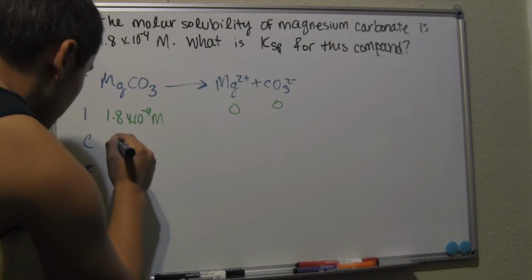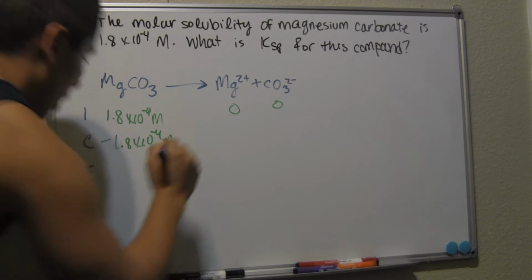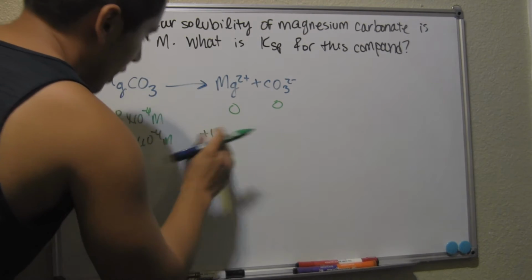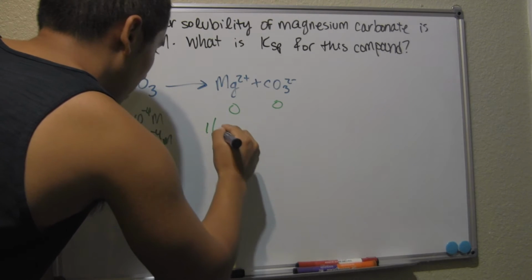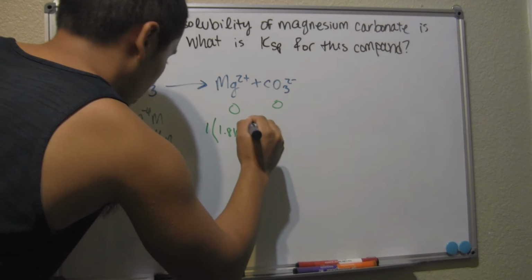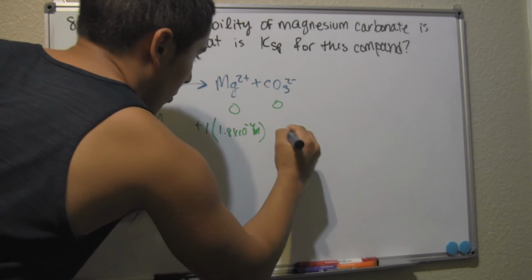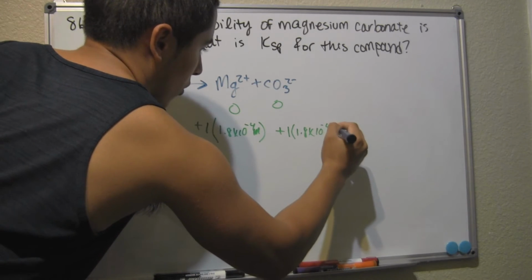So it's going to be changing by negative 1.8 times 10 to negative 4 molar, and the products are going to be changing by plus 1 times 1.8 times 10 to negative 4 molar, and plus 1 times 1.8 times 10 to negative 4 molar.